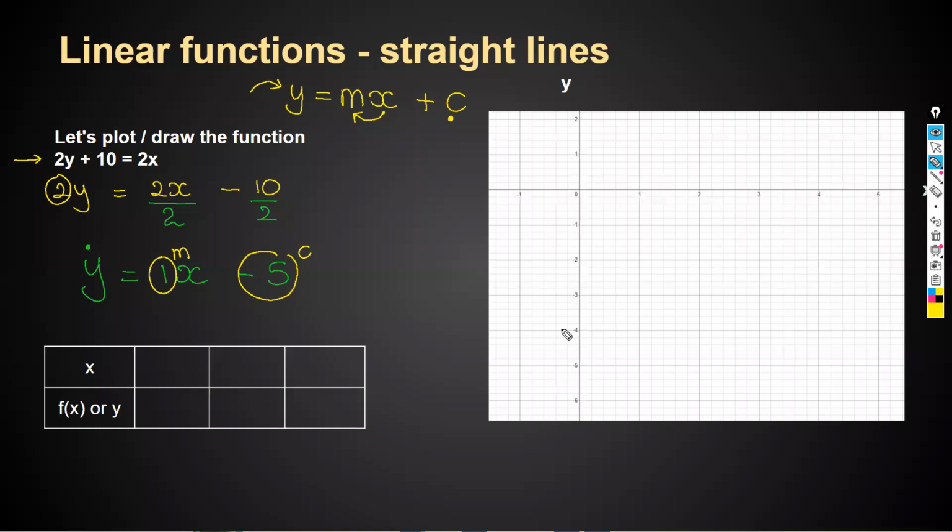Quick question. Would the line slope upwards or downwards? Right, it's supposed to slope upwards because 1 is really positive 1. It's just I didn't bother to put the positive sign.